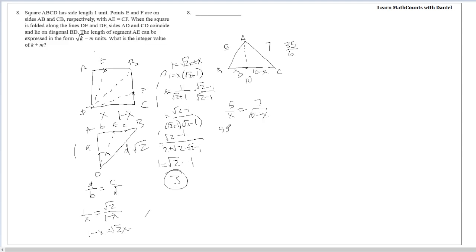So we have 50 minus 5x equals 7x. Then 50 equals 12x, and x equals 25 over 6. But again, we wanted this 10 minus x part. So we have 10 minus 25 over 6, so 60 minus 25 over 6, which simplifies down to 35 over 6.